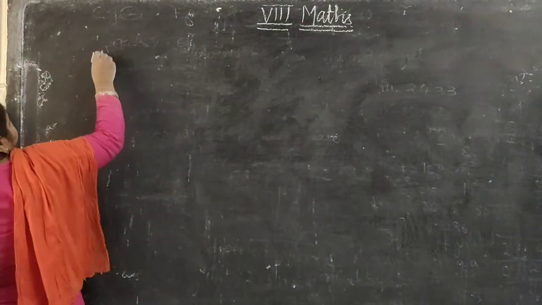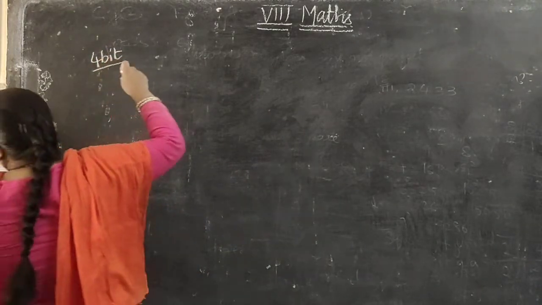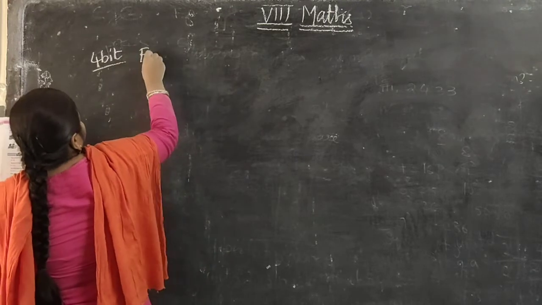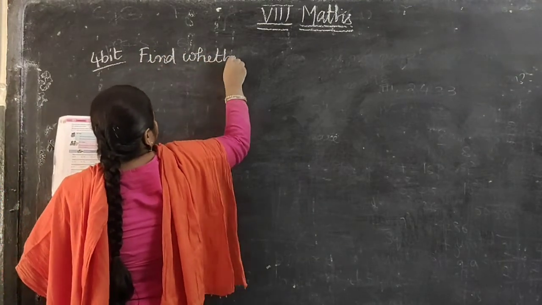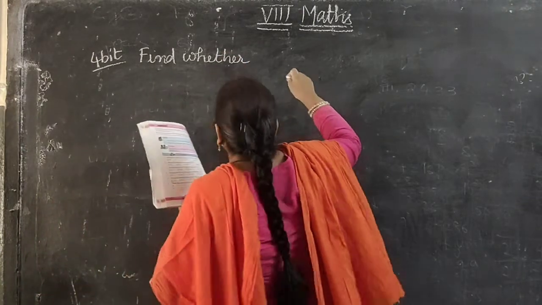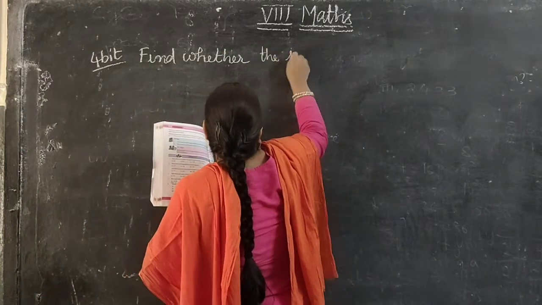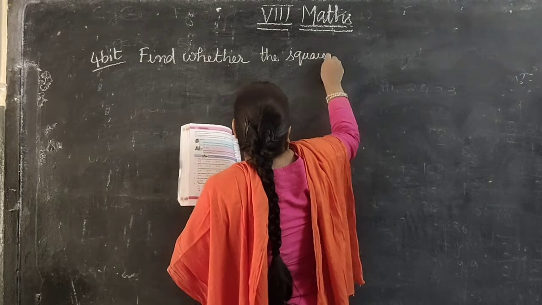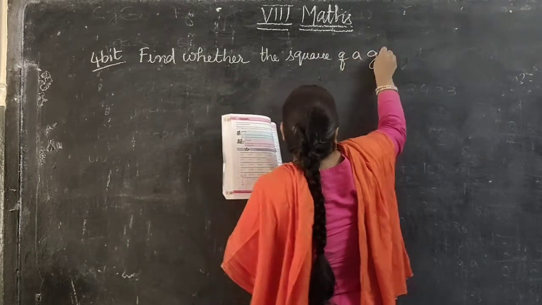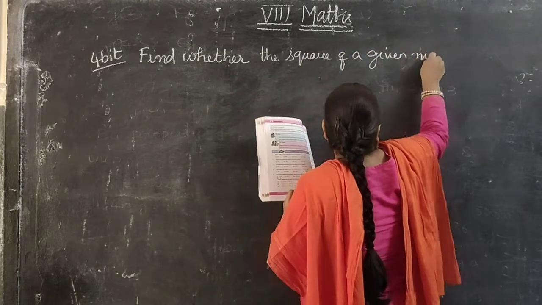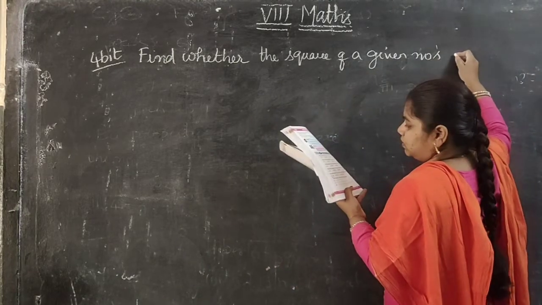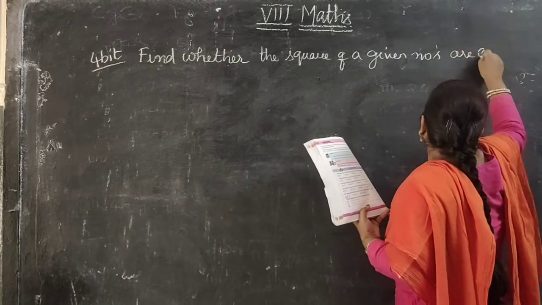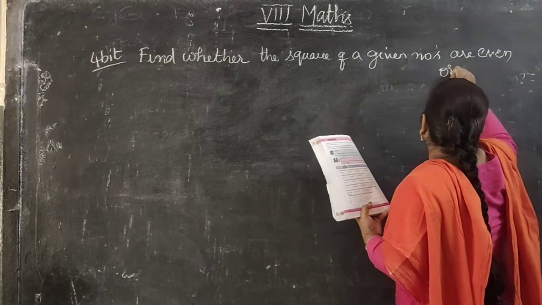So fourth bit: find whether the squares of the given numbers are even or odd.